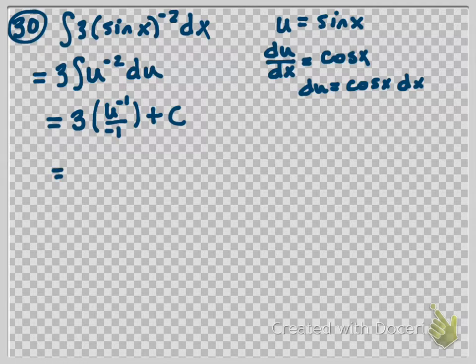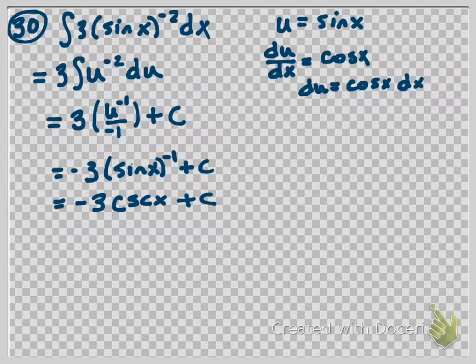So this is negative 3 times sine x to the negative 1 plus c. And what's that? Because you wouldn't leave sine to the negative 1, would you? Because that's 1 over sine, which would be cosecant x plus c. Does that make sense?